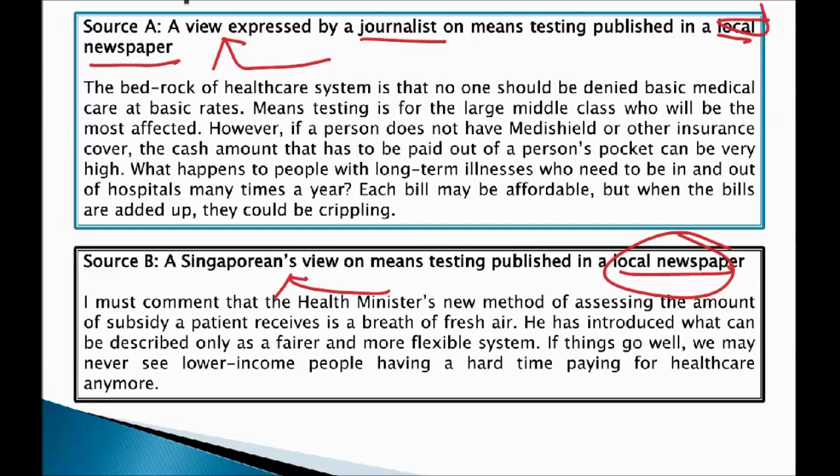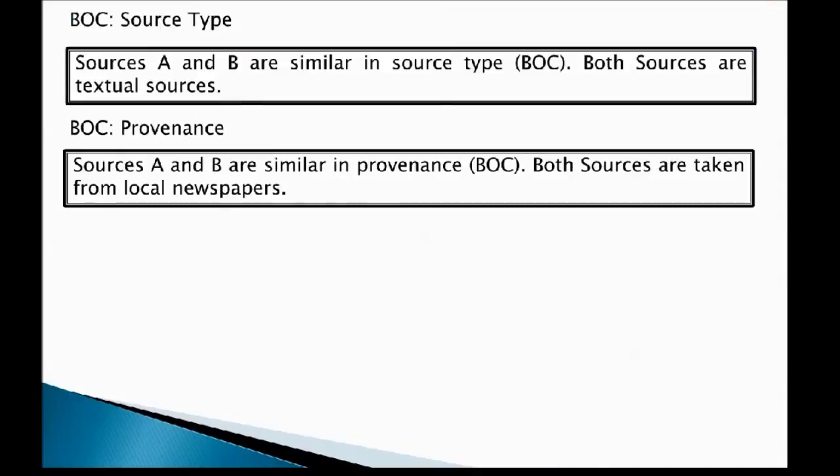Because of that, they are similar. And this is how you present it in your essay. Sources A and B are similar in provenance. Again, this is the center from your T-chart. Both sources are taken from local newspapers, the left and the right side of the T-chart.